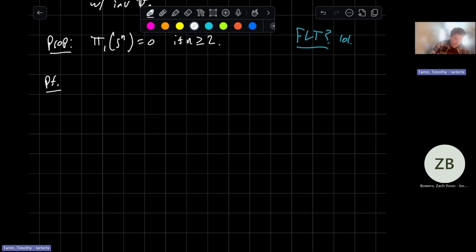So proving this: let f be a loop in S^n at x naught.